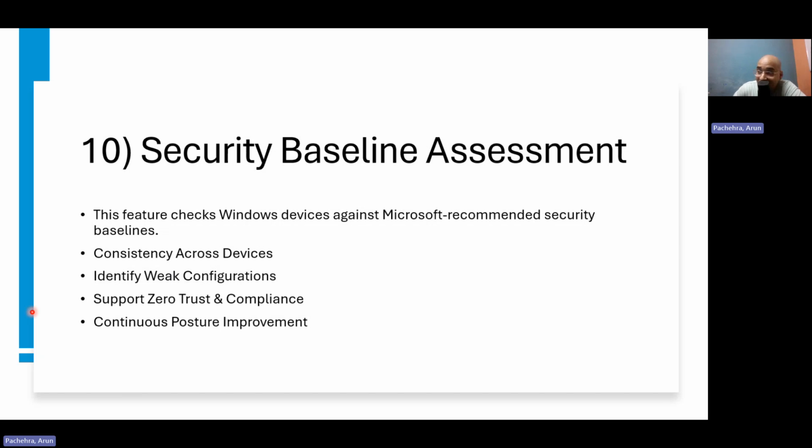So baseline assessment identifies these weaknesses. It supports zero trust and compliance because it aligns with CIS, NIST, and ISO frameworks. It helps meet compliance audits by proving devices follow industry standard security guidelines. It will give you wonderful recommendations that you need to implement.